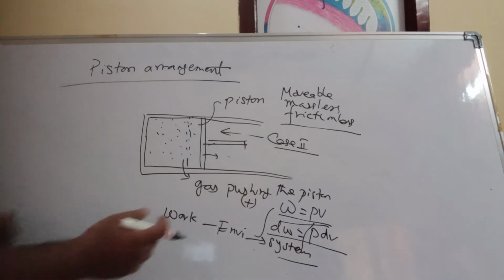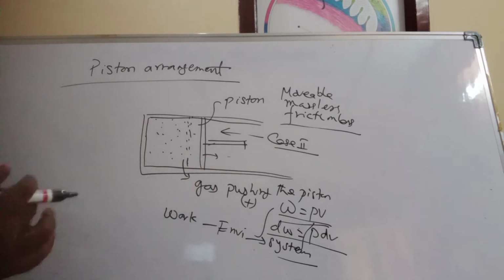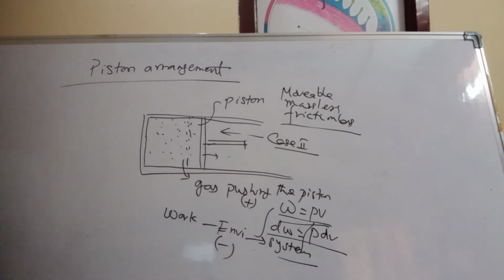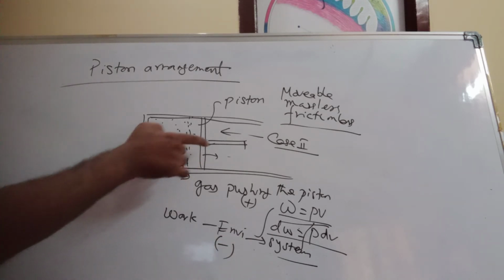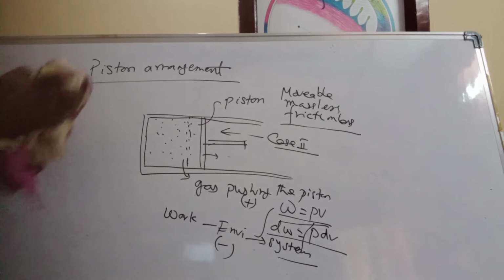So the energy of the gas molecules changes, and the type of work done will be negative. Okay. Here gas is putting pressure on the piston, that is positive work. Piston is putting pressure on the gas, that is negative work. So try to differentiate these two types of cases. Okay, so this is one concept.